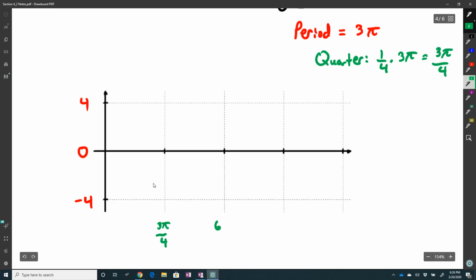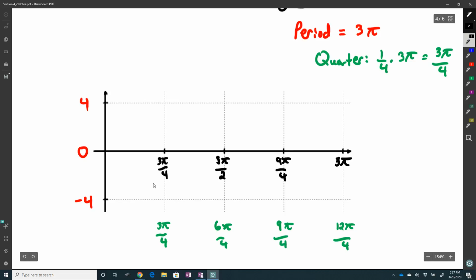Then we double it, 6 pi over 4. Then we have 9 pi over 4, 12 pi over 4. So the 6 pi over 4 simplifies to 3 pi over 2. 9 pi over 4 just stays 9 pi over 4. And 12 over 4 is 3 pi. Notice it ends with a period. So I have the 4 points that I want, and now I just look at the graph.